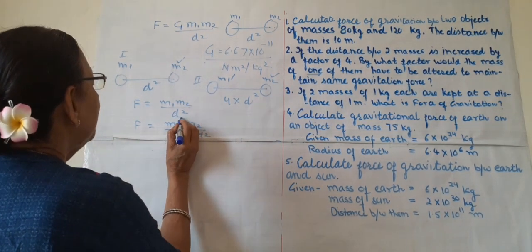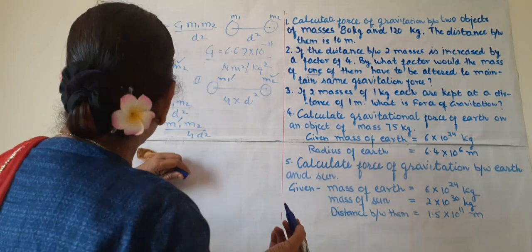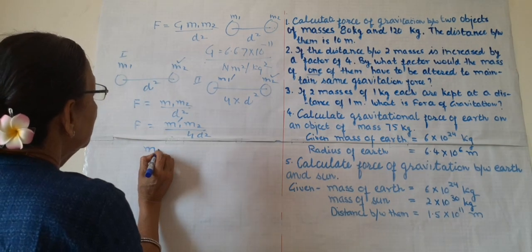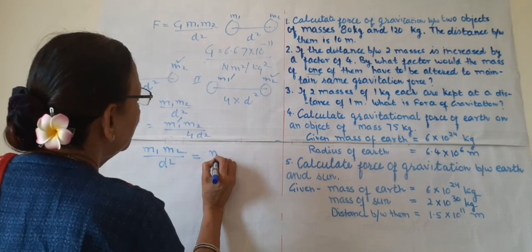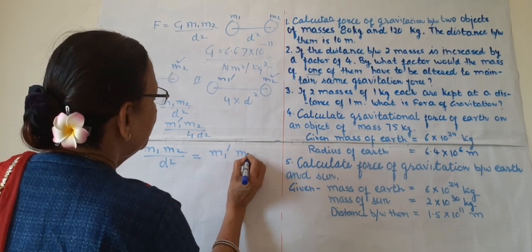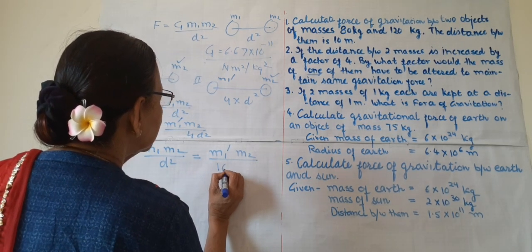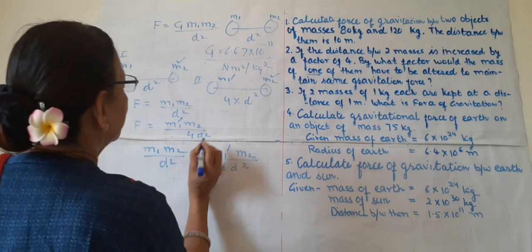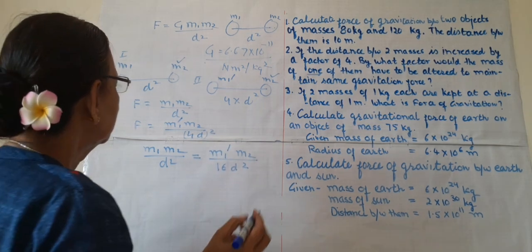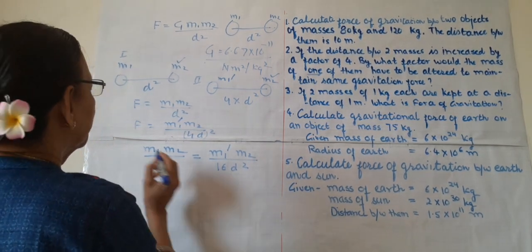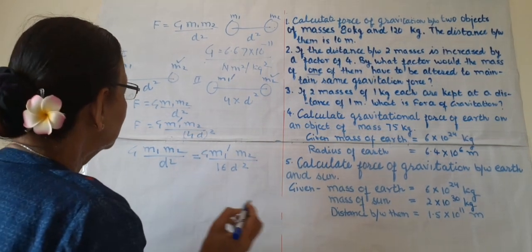We have to calculate the value of m1, how much it is increased or decreased. So we write: m1 m2 upon d square should be equal to m1 dash m2 upon 4d square, that is 16d square, because 4 into 4 is 16. Capital G should also be there in all the cases.